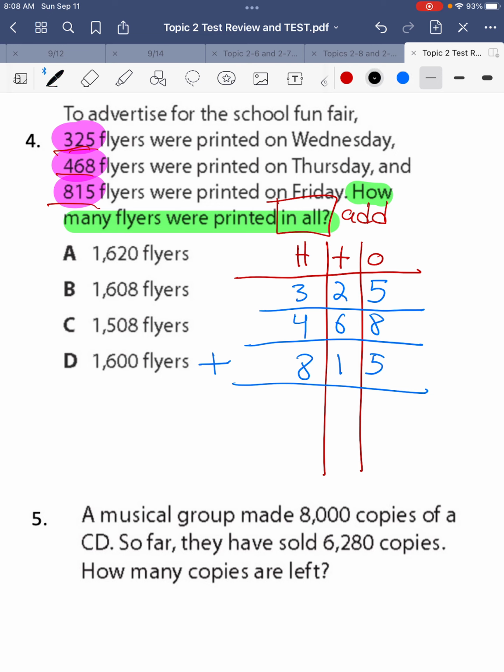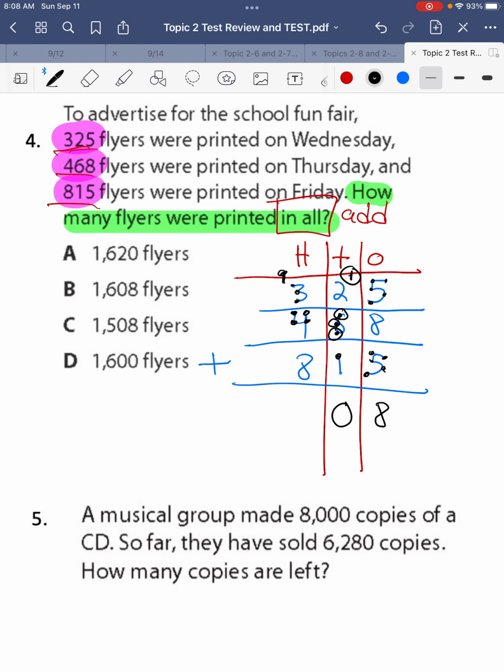So 8, 9, 10, 11, 12, 13, 14, 15, 16, 17, 18. Carry my 1, drop my 8, 2, 3, 4, 5, 6, 7, 8, 9, 10, carry my 1, drop my 0, 8, 9, 10, 11, 12, 13, 14, 15, 16.